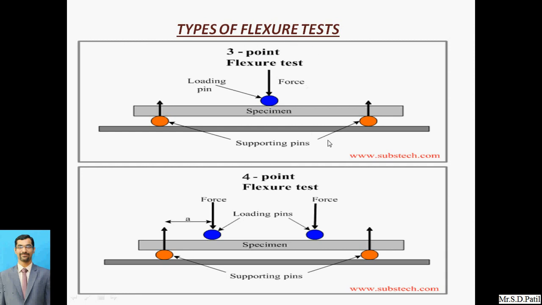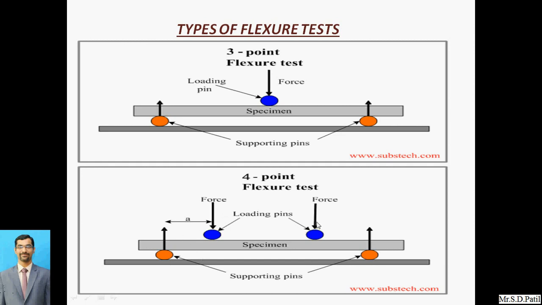3-point flexural test. Now this is called a 4-point flexural test. Why is it called a 4-point flexural test? Here we apply the forces at these two points, and these are the two supporting elements.